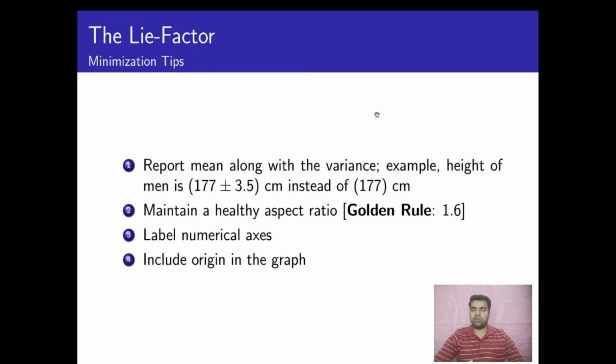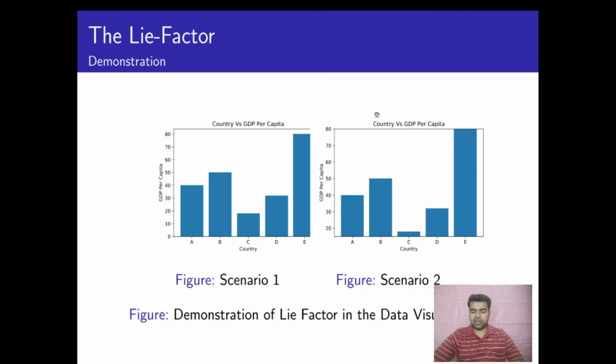Whenever you are choosing a visualization graphic, care should be taken to make sure that this aspect ratio remains around 1.6. Additionally, one must make sure that the axes are labeled properly, not only the y-axis but also the x-axis, and that the origin is also reflected in the graph. For example, if I look at these two graphs, scenario 1 and scenario 2, in scenario 1 the origin is correctly shown on the y-axis, and that is why it gives a more balanced representation of the data.